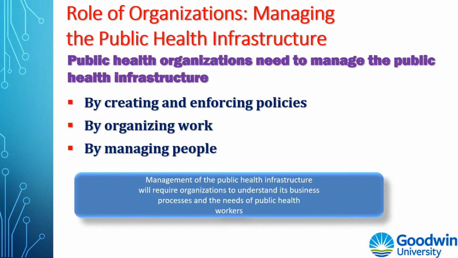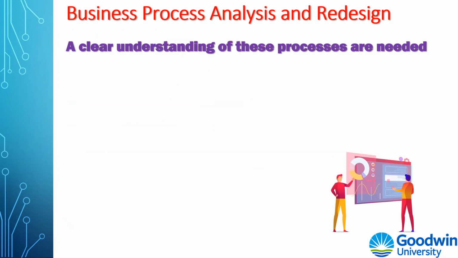Very important. So management of public health infrastructure will require organizations to understand their business processes and the needs of public health workers. So in order to do this, you really need to know all this. How else would you know what people need information and when they need it? So a clear understanding of processes is needed.